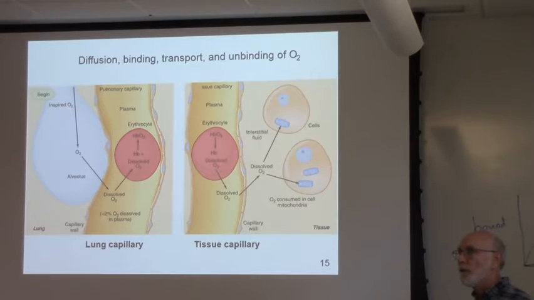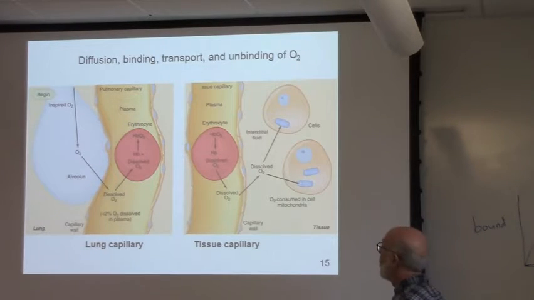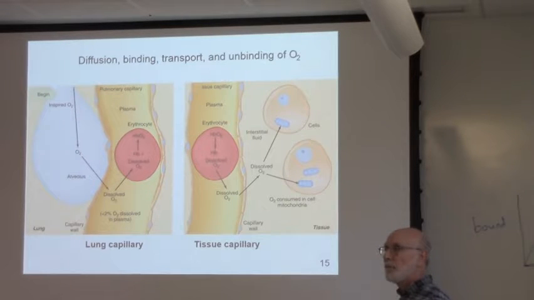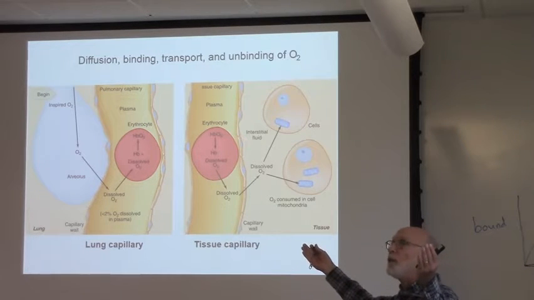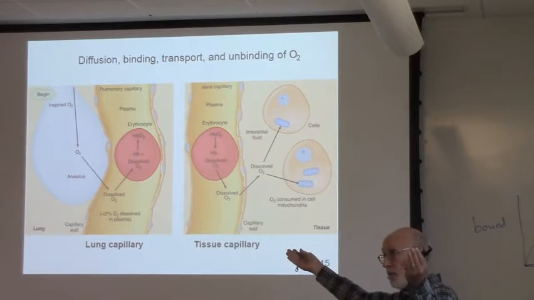Oxygen is being moved, but each of these arrows represents a word. What is the word that defines getting oxygen into alveoli? There's one word. Air pressure. There's air pressure here, but what do we need to get the air into our lungs?